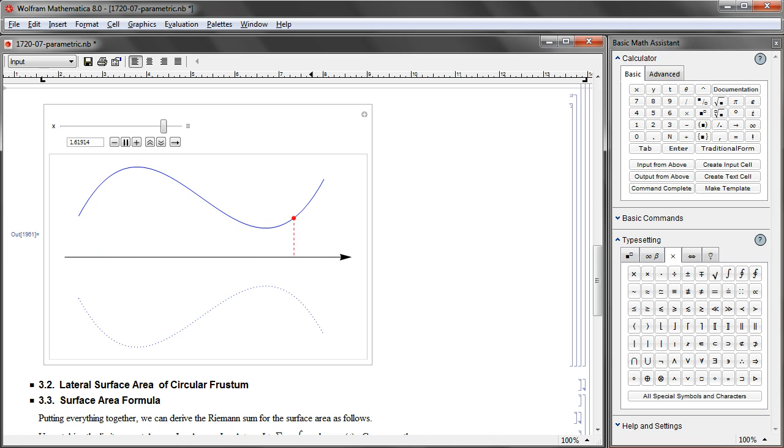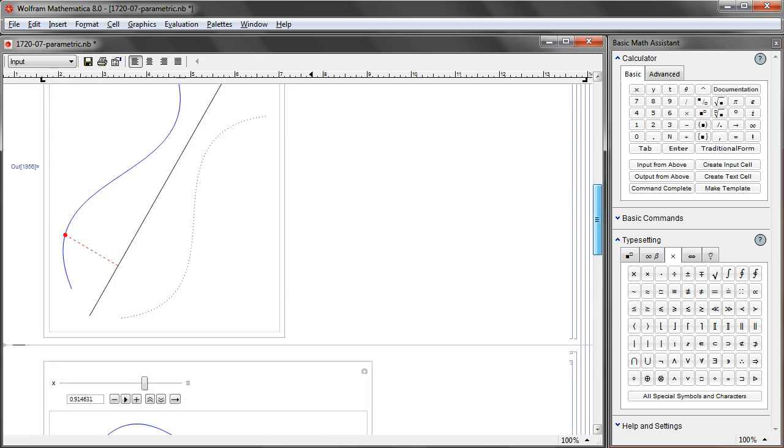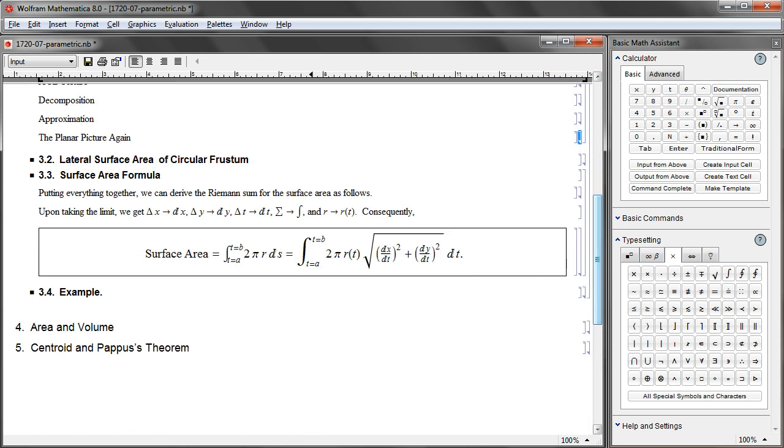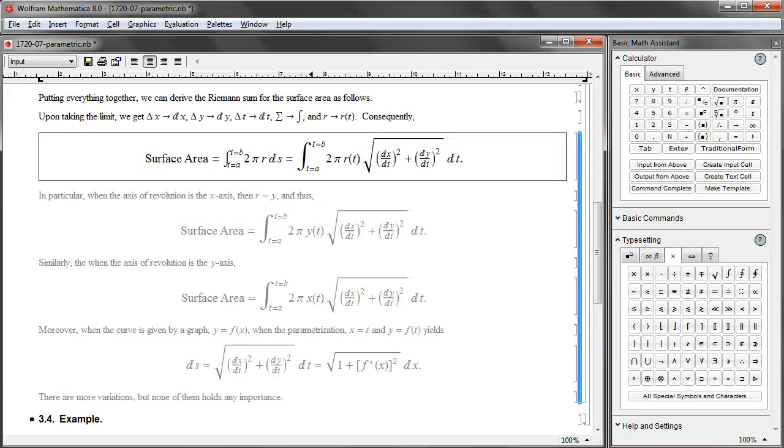And of course, if you tilt it the other way around and make this axis of rotation vertical, then the radius of rotation will become the x-coordinate. Kind of like these here. So when the axis of revolution is the x-axis, the radius is y, and when the axis of revolution is the y-axis, the radius is x.